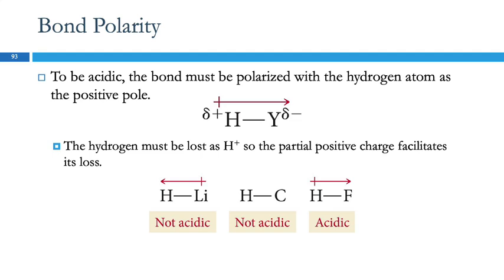If you have two identical atoms, like hydrogen and hydrogen, of course that's going to be a nonpolar bond, because you have to have a difference in electronegativity of more than 0.4 in order for this to be considered a polar bond.